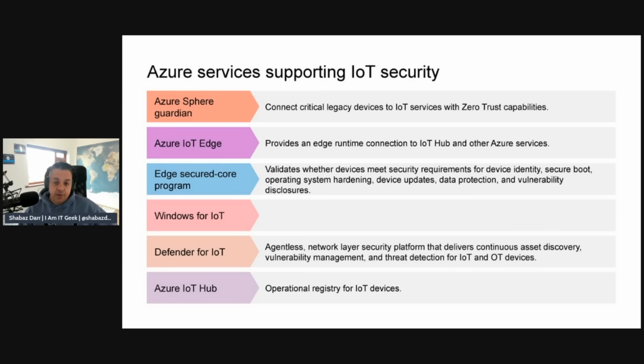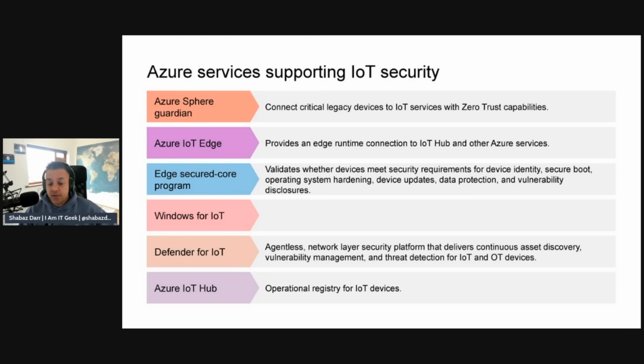So before moving to the demo, I just want to discuss Azure services supporting IoT security. There is the Azure Sphere Guardian. This connects critical legacy devices to IoT services with zero trust capabilities, including strong identity, end-to-end encryption, and regular security updates. Then there's Azure IoT Edge.